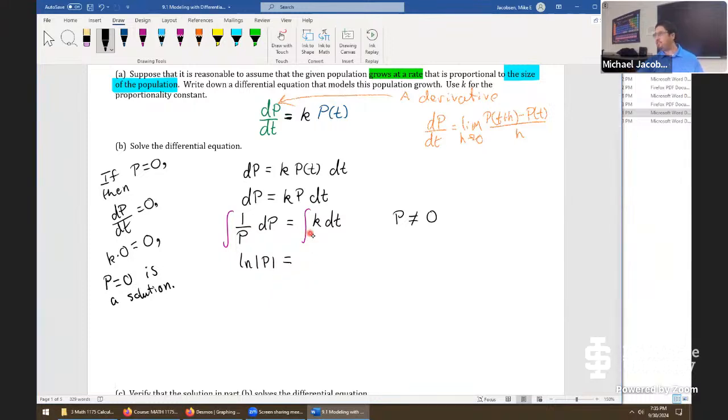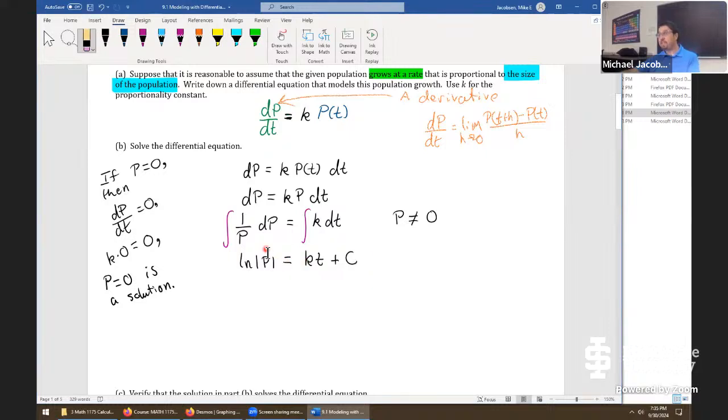This one's kind of tricky, but visualize that one as the antiderivative of 5 dt. If k is 5, the answer would be 5t plus a constant. If our constant is a little bit more vague, just a proportionality constant k, same idea. We'll take k times t plus a constant. So that's after integrating the differential equation on the prior line.